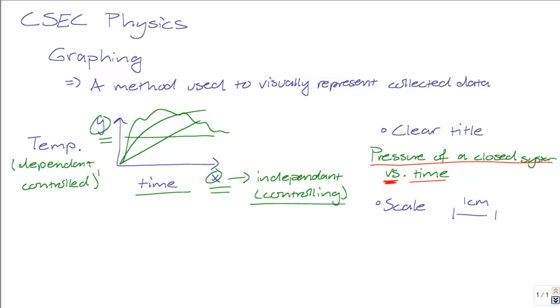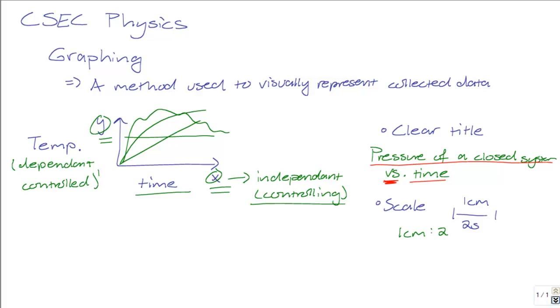If 1 centimeter has a value of 2 seconds, then you have a scale on whichever axis this is of 1 centimeter to 2 seconds.